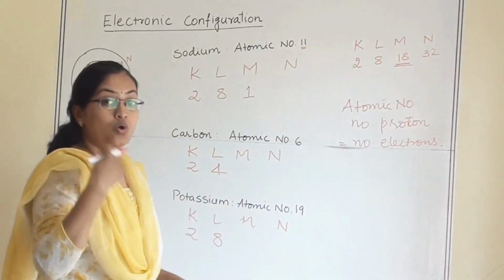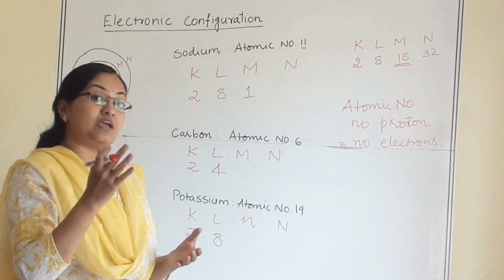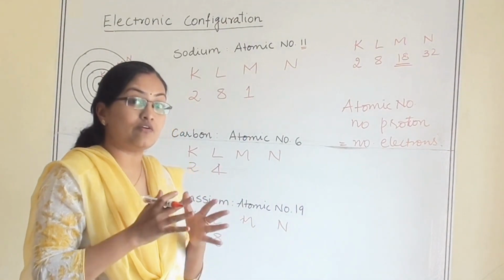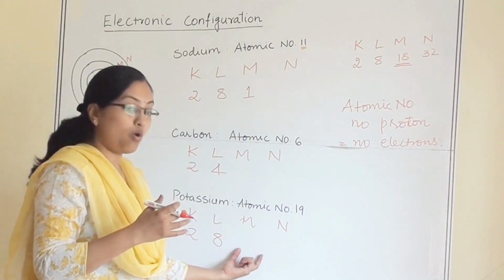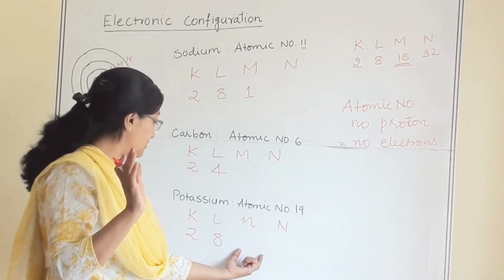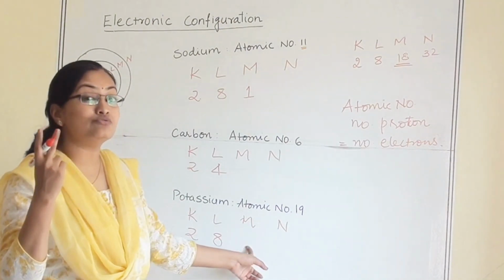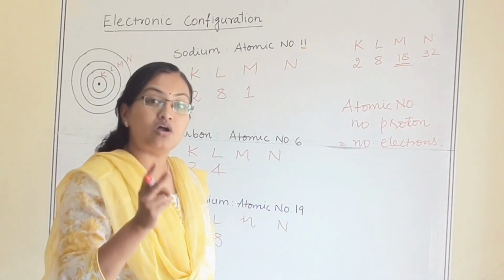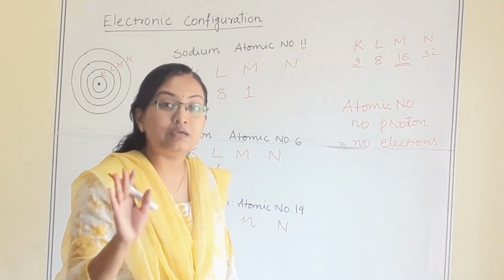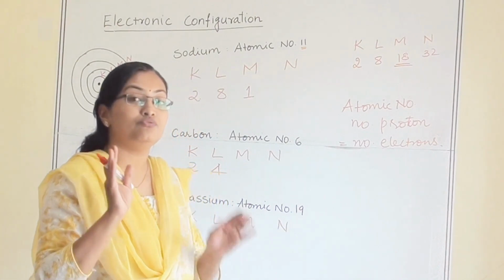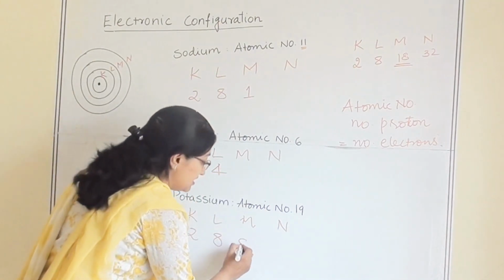Yes, that maximum capacity is 18. So we can write all the left electrons over here, 2, 8, 9. But according to the second rule, more than 8 electrons we cannot keep in any of the orbits. So we have to write here 8.